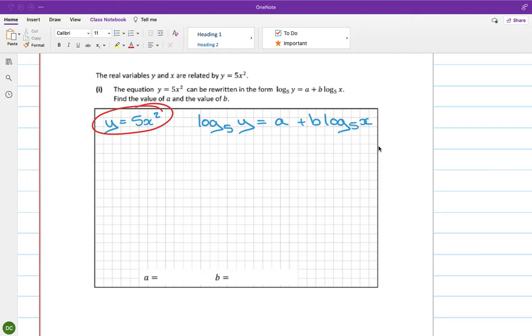And then another one over here, has how many variables? 4, but you know what I mean. Too many. So I'm going to attempt to reduce the variables by subbing this in here. Okay, let's try that. So that will give me log to the base 5 of 5x squared.